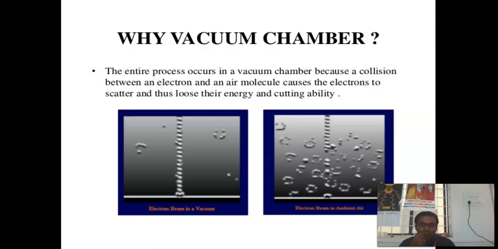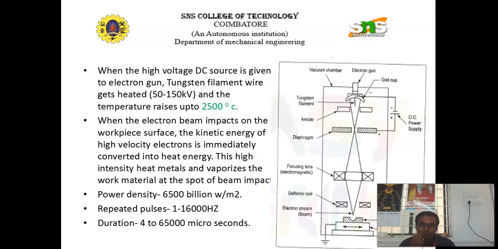These two images clearly show that in the first image the electron beam falls directly on the workpiece material, whereas in the second image, which is not in a vacuum chamber, the electron beam scatters in and around. It leads to loss of energy and cutting ability. This is the major reason why the electron beam machining process is done in a vacuum chamber.